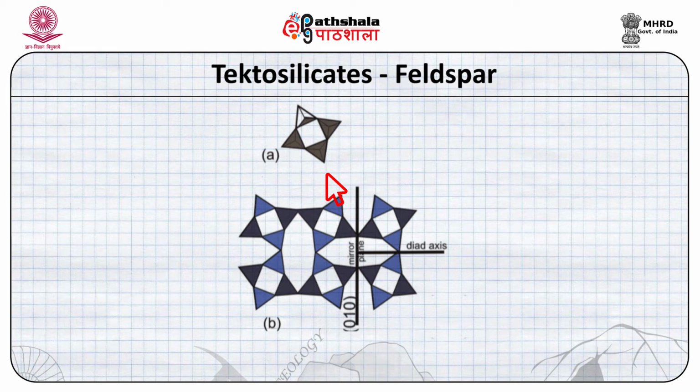Now, these 4 tetrahedra are arranged in such a manner that their apices are pointed alternately up and down. We look at the second part of this figure and we see now these 4 tetrahedra are arranged in some sort of rings, producing oval areas in between them.